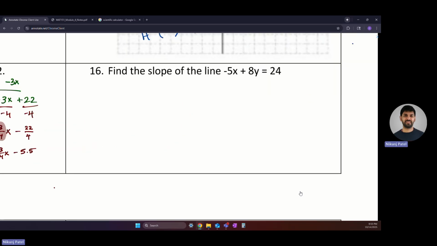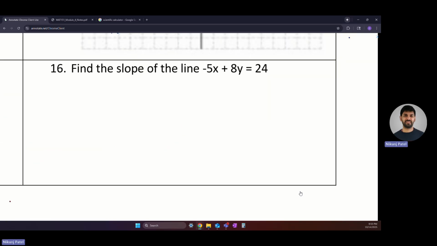So on 16, same idea. We're just finding the slope. So let's turn this equation into the y equals mx plus b form. So we get 8y equals 5x plus 24. That canceled. And we divide everything by 8.